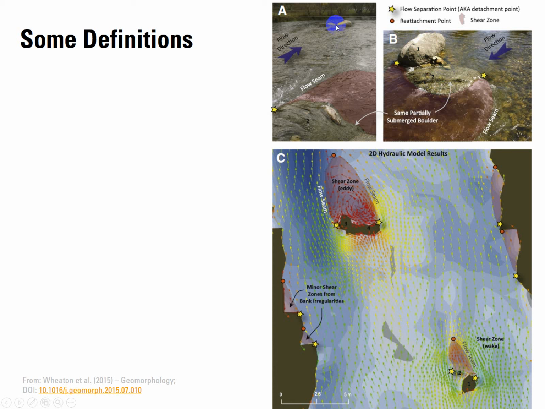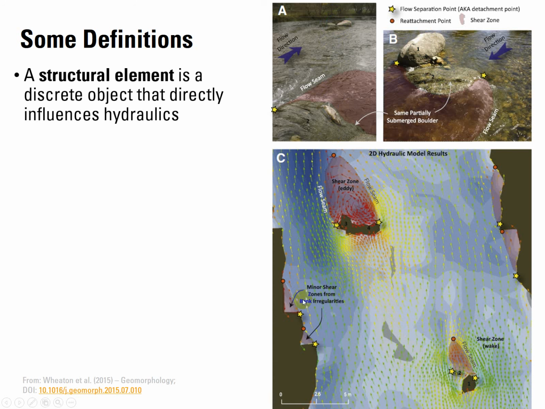These two boulders are down here, okay? And so you've got this flow coming along, and those two boulders are both out of the water, and you get this flow separation point, okay? We call these boulders examples of structural elements. A structural element is any discrete object that directly influences hydraulics. In this case, you have this flow separation.